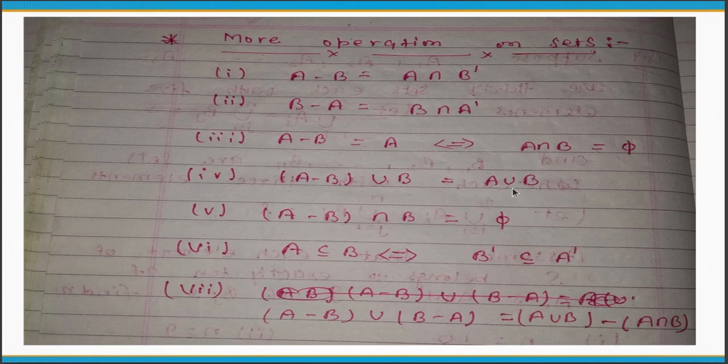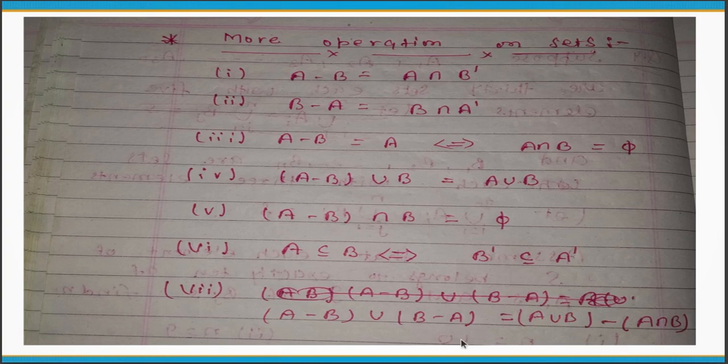A minus B means all elements of set A which are not in B, and then intersection B means we have no common element. Now if A is a subset of B, then B complement is a subset of A complement. Similarly A minus B union B minus A equals A union B minus A intersection B.